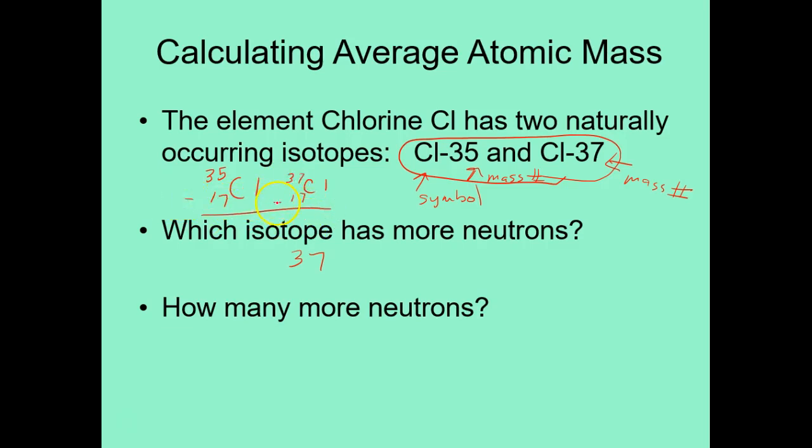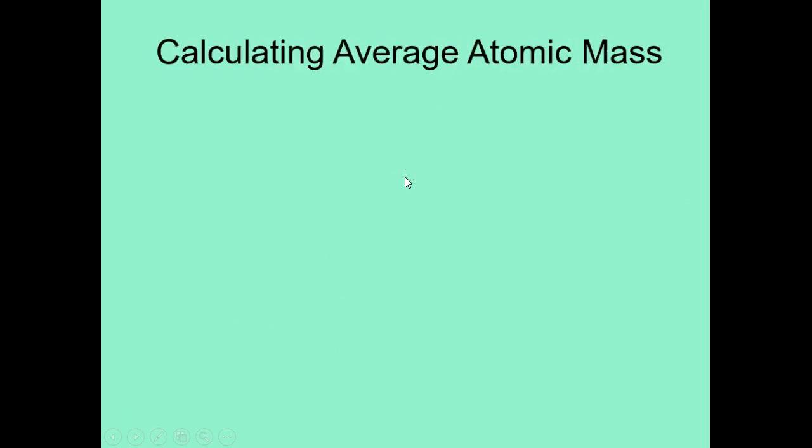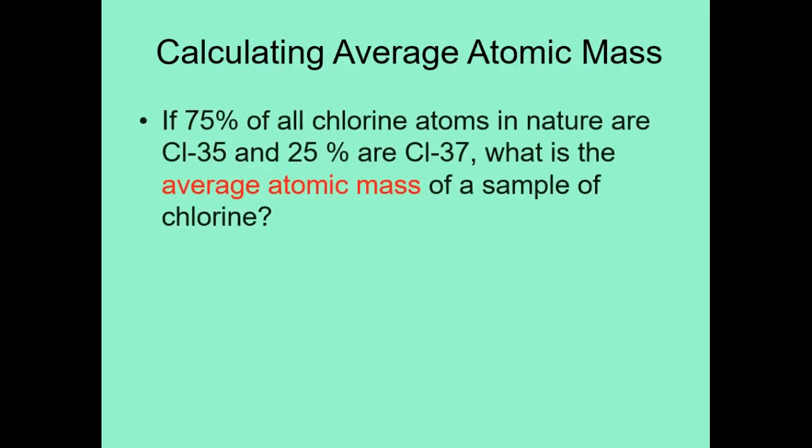If you subtract, this would give me 18 neutrons, this would give me 20, and the difference is 2 extra neutrons.